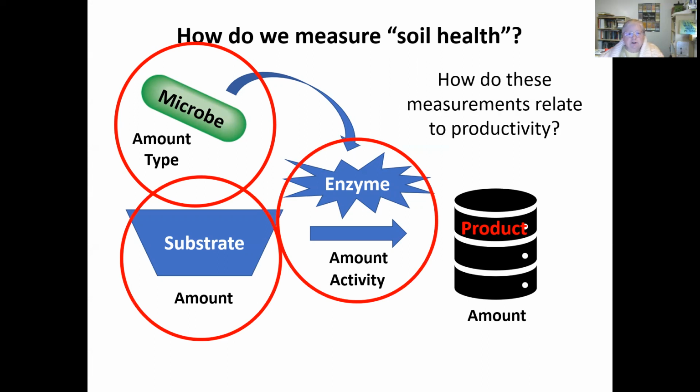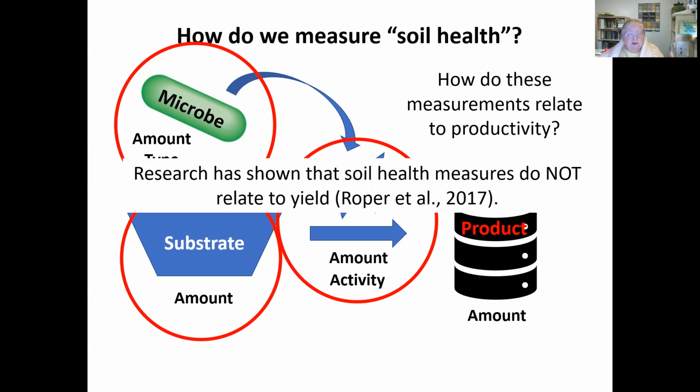How do these measurements relate to productivity? And again, the product that we're developing here is the product of the microbial activity. It's not corn or beans. It's not the product from plants that we're harvesting. One of the biggest frustrations in all of these measurements is that research has shown that all these soil health measurements do not relate to yield.